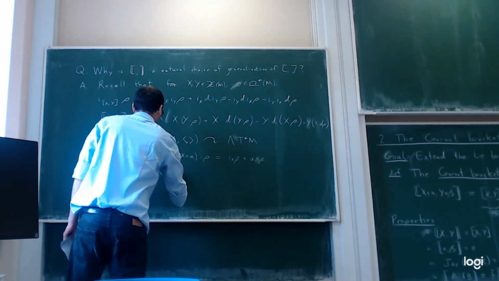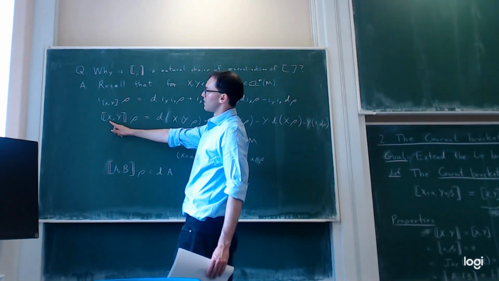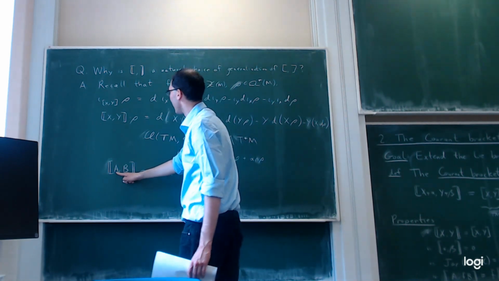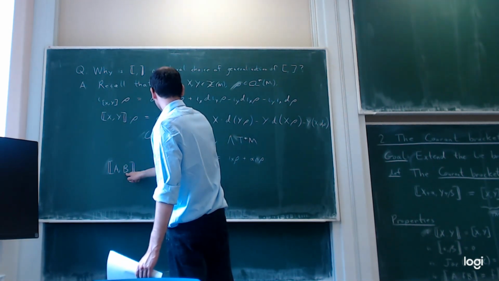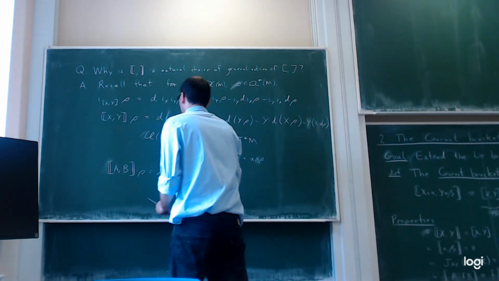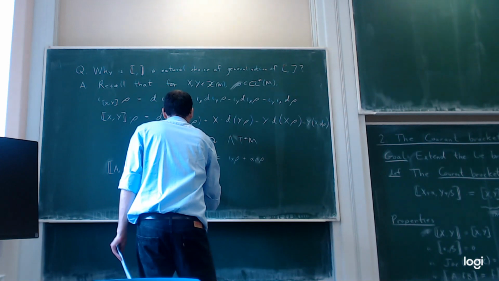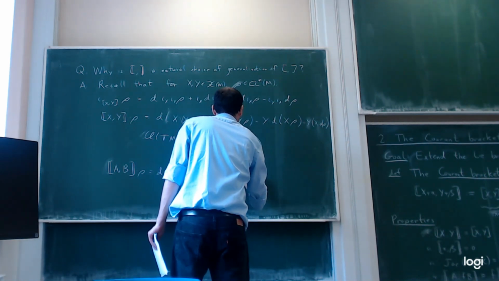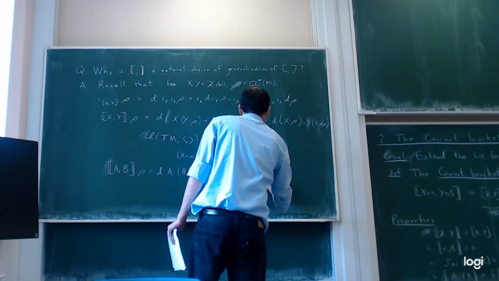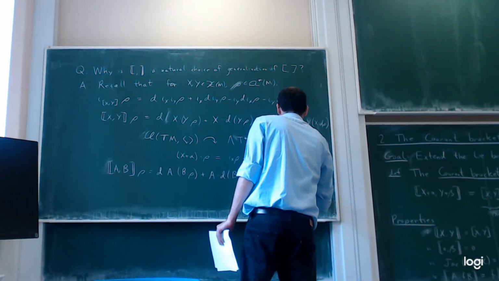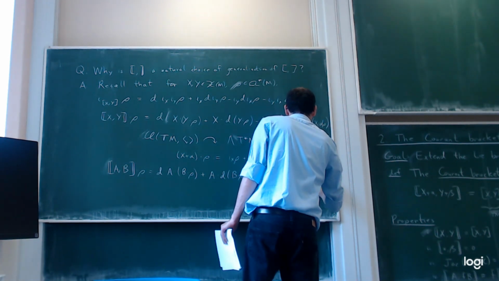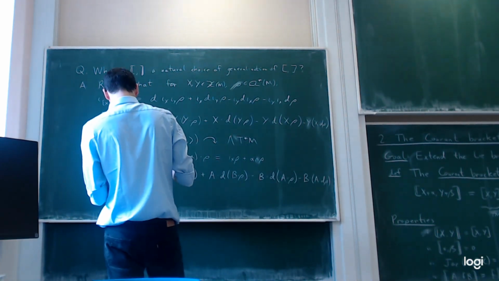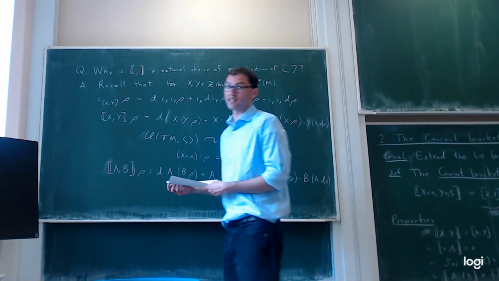And so we just replace the vector field X with the extended vector field, maybe we could call it, A, and we replace Y with the section of the extended tangent bundle B. And then it turns out that this works.